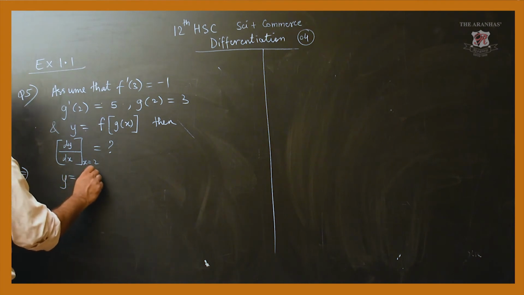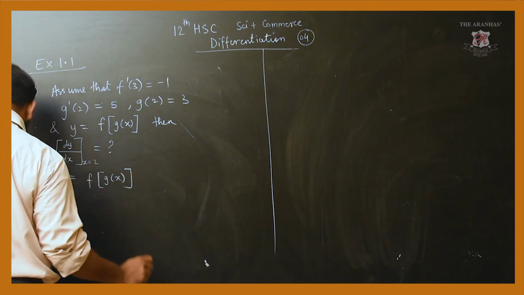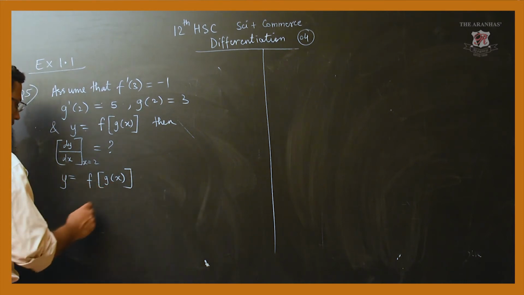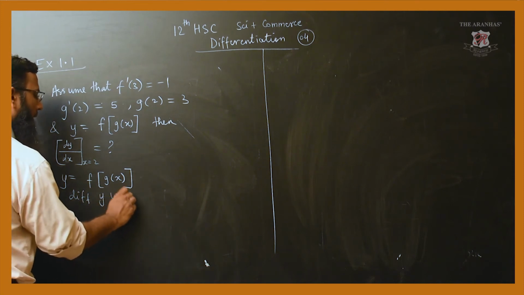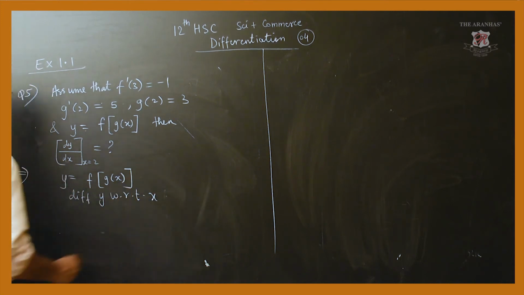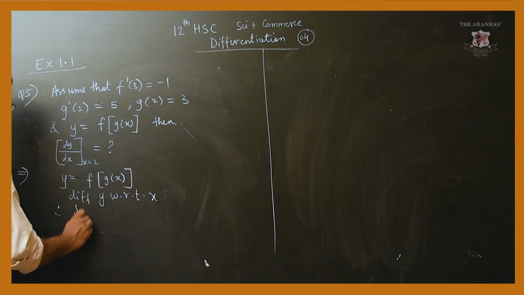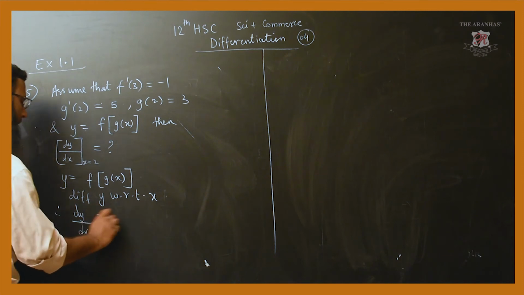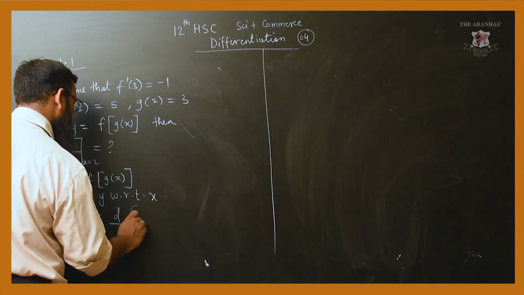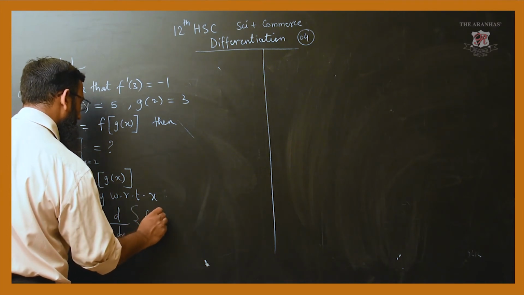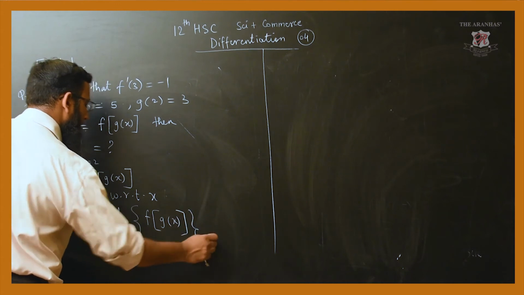Given is y is equal to f of g of x. I differentiate y with respect to x. Therefore, dy by dx is equal to d by dx of f of g of x.